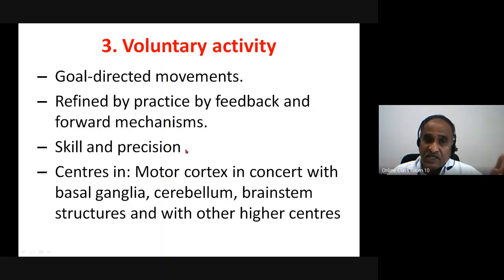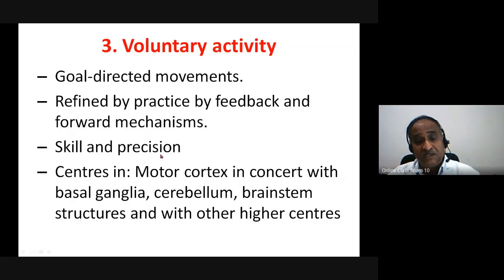When you had begun, it was so difficult for the person who was teaching you, your mother maybe, or your elder brother or sister, who were struggling hard to make you write. And once you start, this is the goal-directed motion.